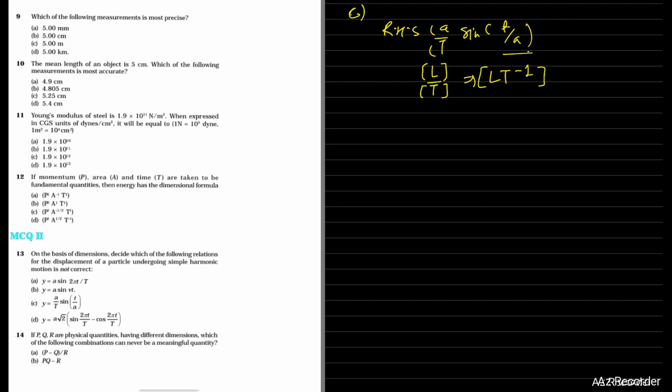And here T by A, this is an angle, so T upon A, T by L.